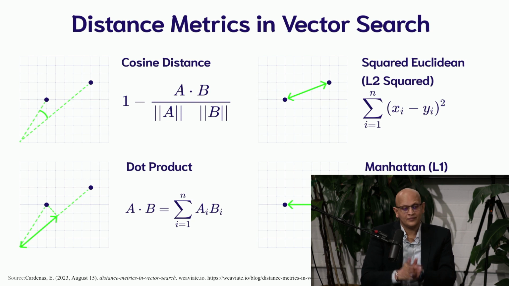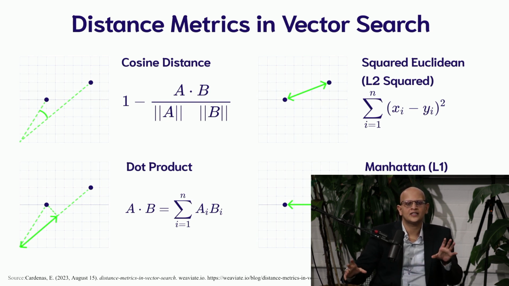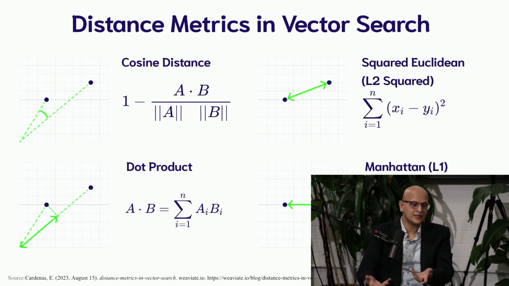So let's get into a little bit of mathematics. Now you say you have this n-dimensional grid, and on this grid you need to find two points and their distance, because we want to find their nearest neighbor, right? So these are some of the techniques that computer scientists are using.